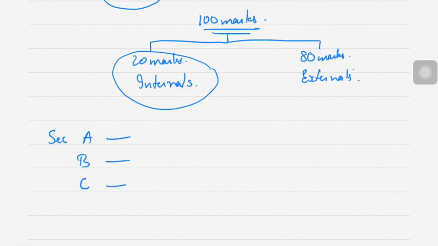In Section A there are 4 marks questions. In total 6 questions are given, and out of the 6 questions you have to attempt at least 4 questions. Each question carries 4 marks, so Section A is for 16 marks.